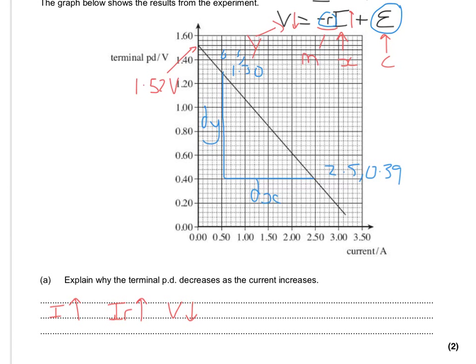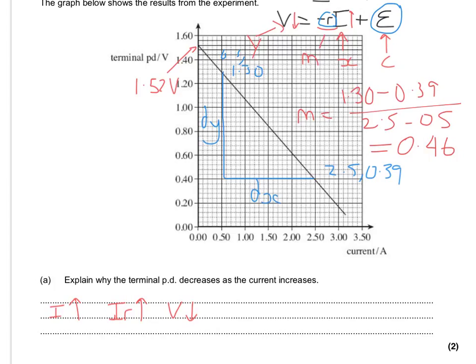So that means your gradient's going to be 1.30 minus 0.39 divided by 2.5 minus 0.5, which gives you an answer to 2 significant figures.